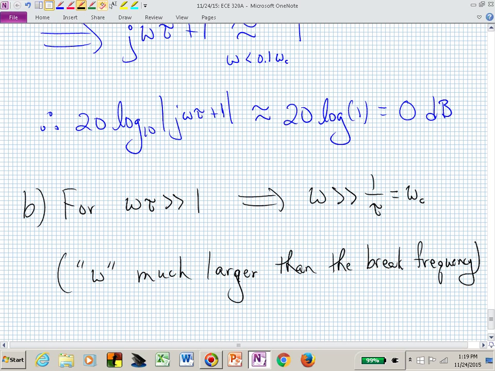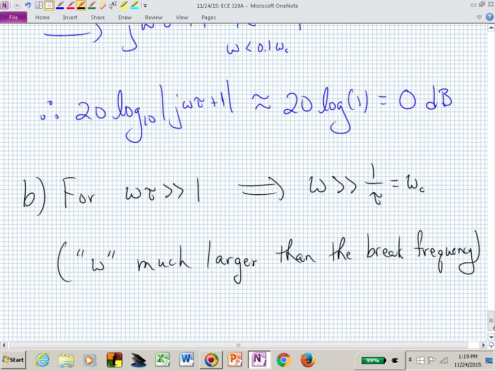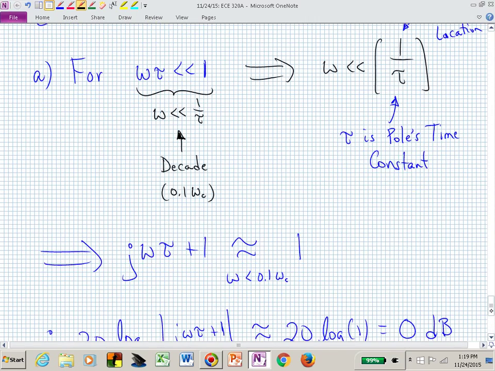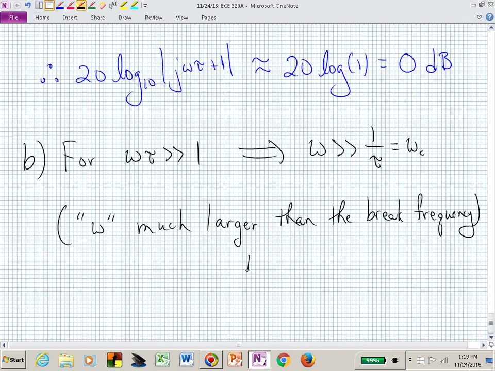What are we going to make for frequencies beyond a particular spot? If much smaller was a decade before, much larger must be a decade after. So this is now 10 omega c.